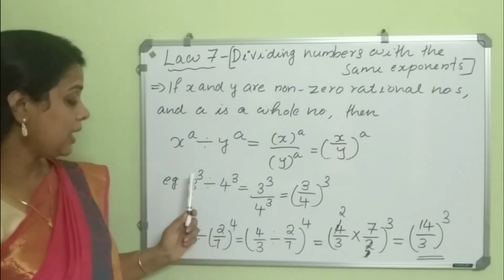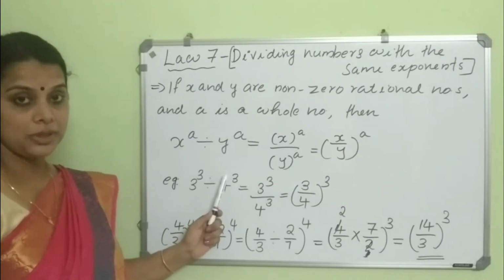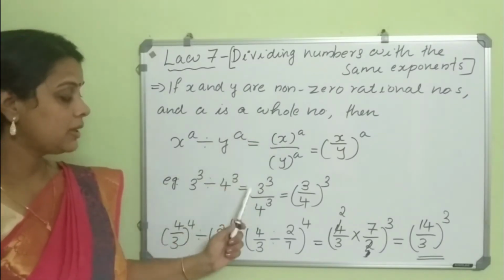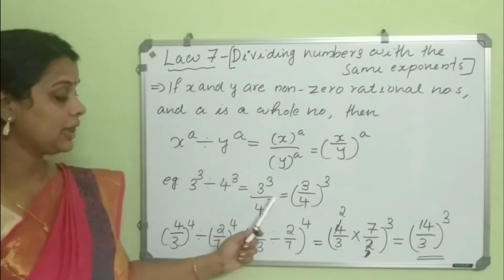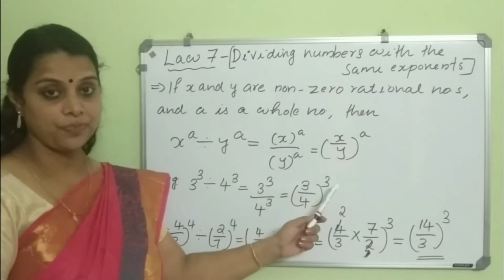Example, 3 cubed divided by 4 cubed is equal to 3 cubed by 4 cubed, that is equal to 3 by 4 cubed.